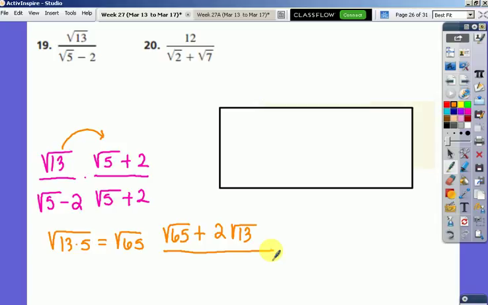Now your special product rule says what squared minus what squared. Root 5 squared, or the square root of 5 squared, minus what squared? Yeah, 2 squared.